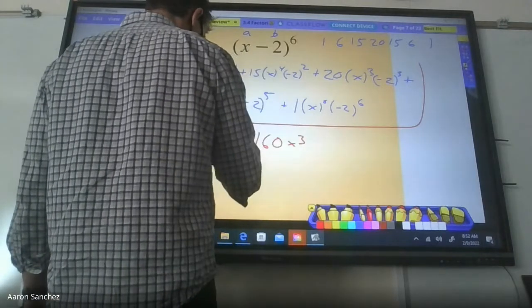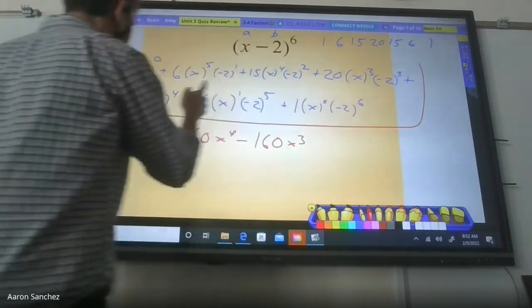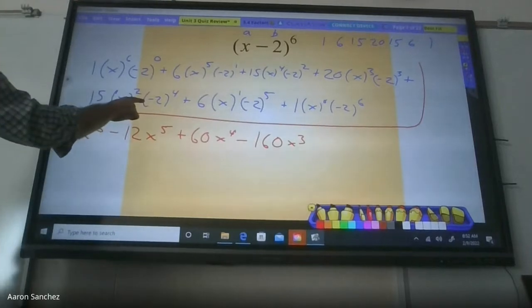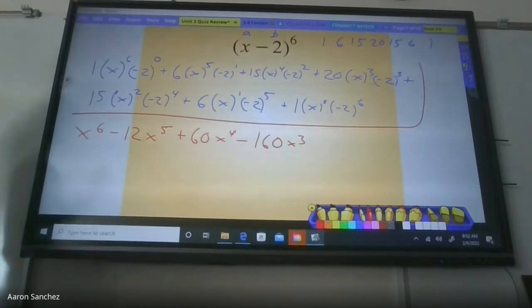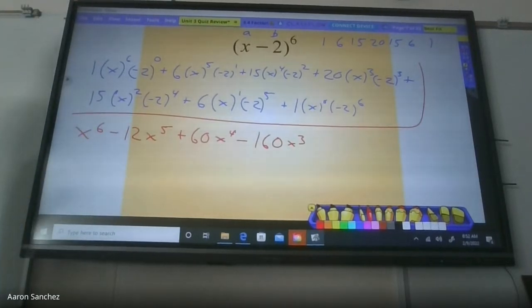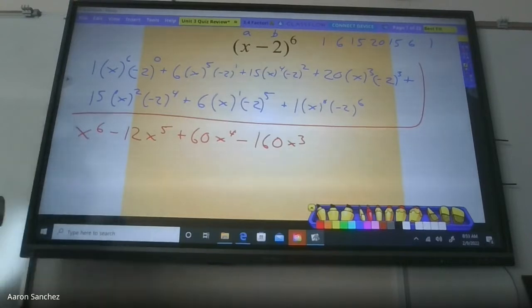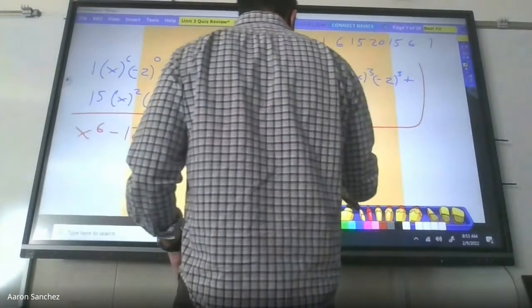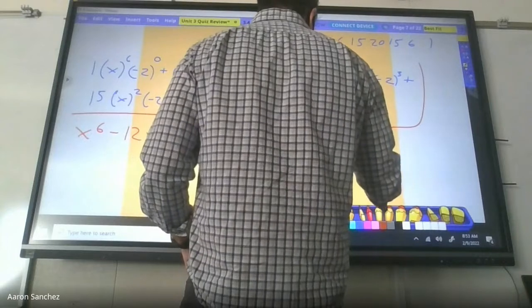Then what do we got here? Negative 2 to the 4th: 2 times 2 is 4, times 2 is 8, times 2 is 16. Times 15, positive 16 times 15 is 240. Positive 240, and then x to the 2nd.